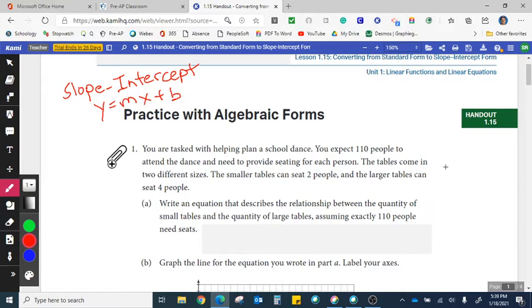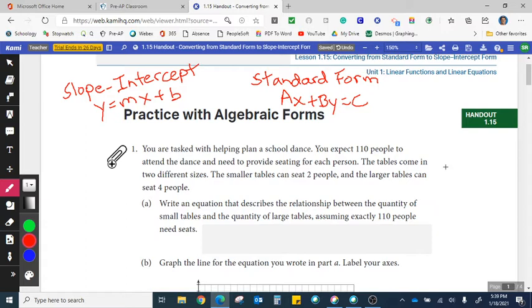The other form of a linear equation is standard form, and this is what we got into last lesson, and that's ax plus by equals c.